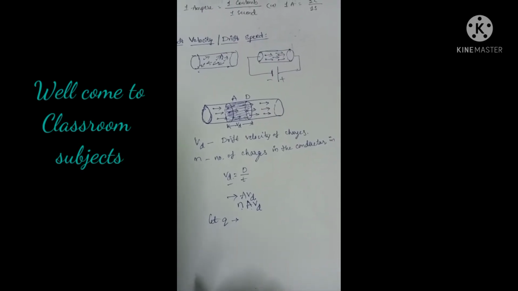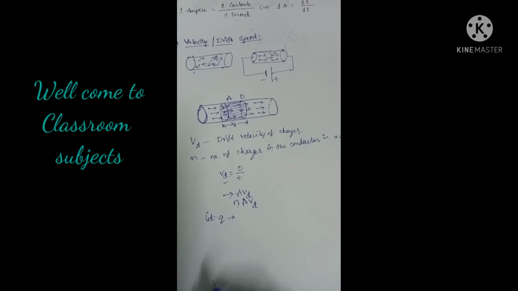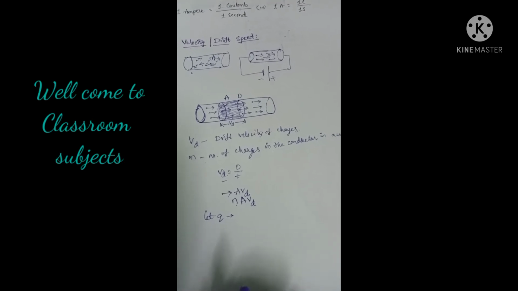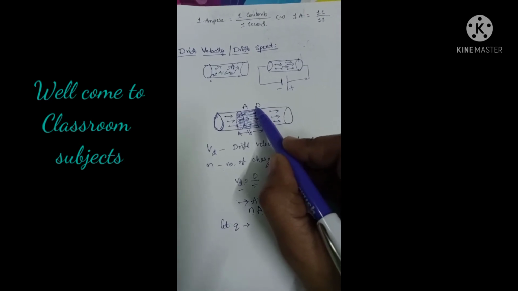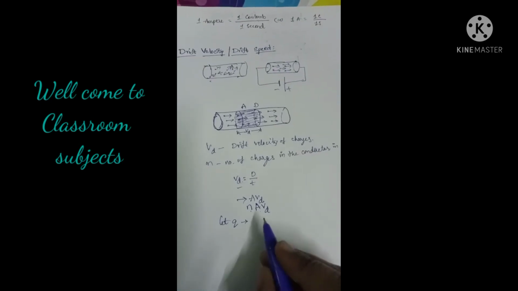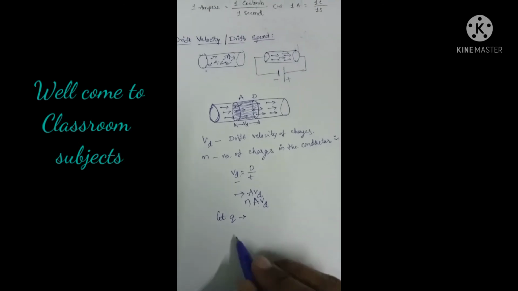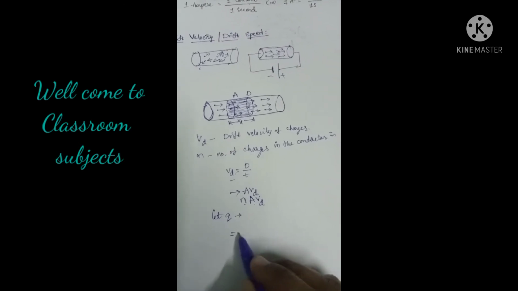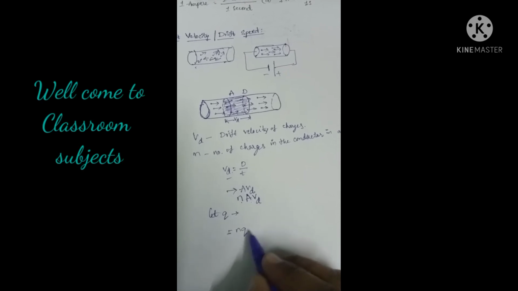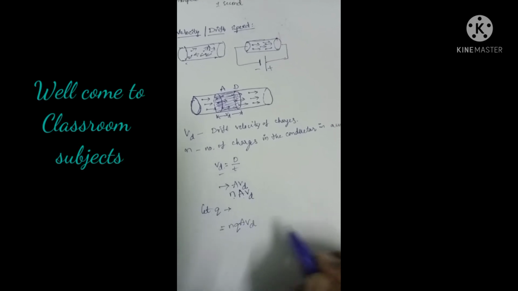Then the charge crossing the cross-sectional area A at this point in 1 second is equal to n into Q into A into Vd.